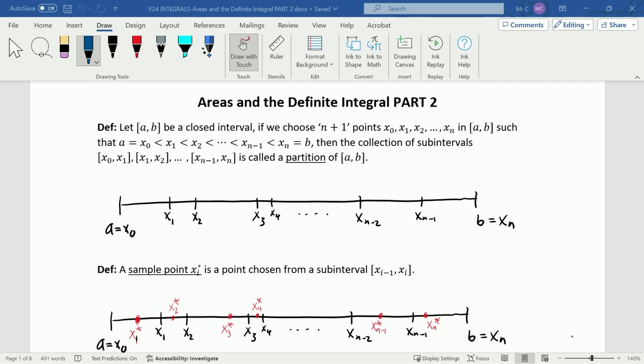So now to rigorously define the integral, what we're going to have to do is generalize that idea of breaking up our interval into subintervals and then using rectangles to approximate the areas under the curves, right?